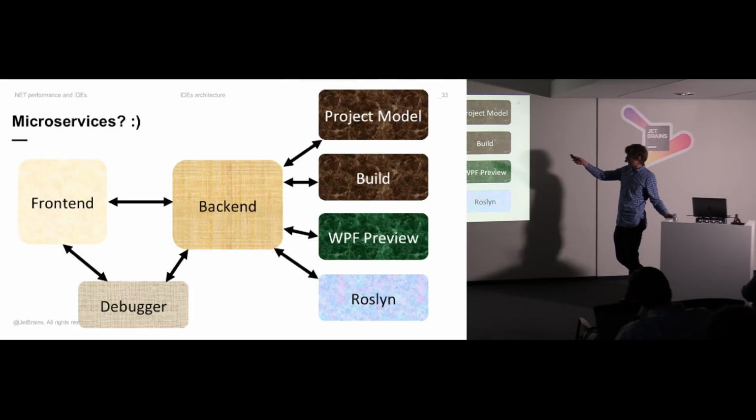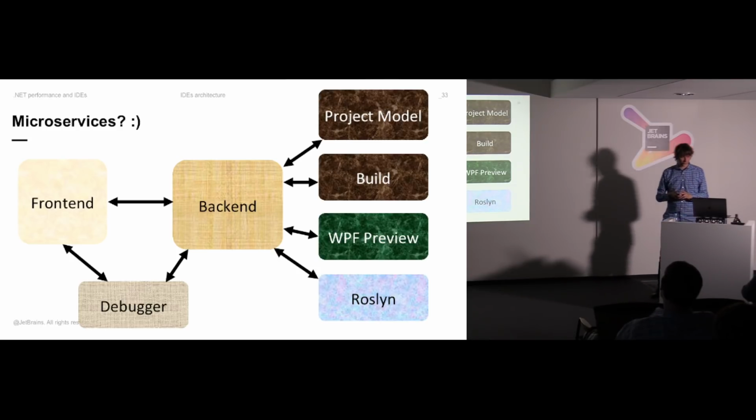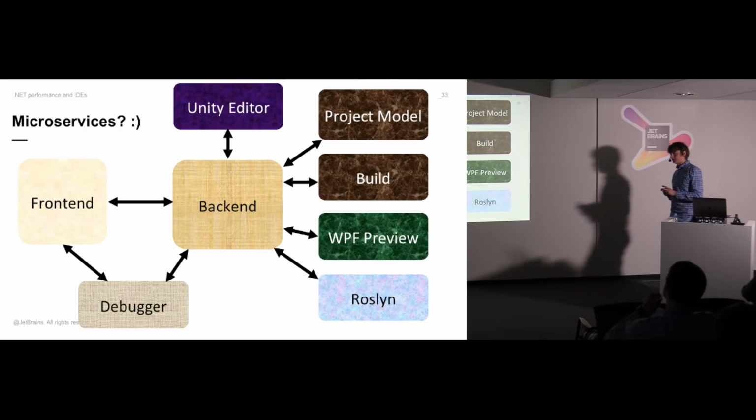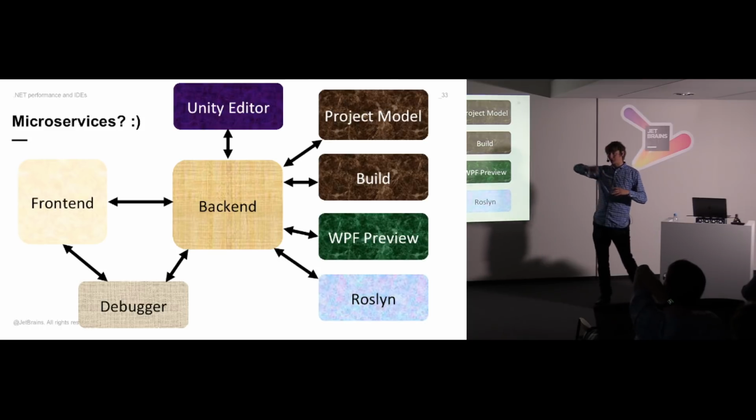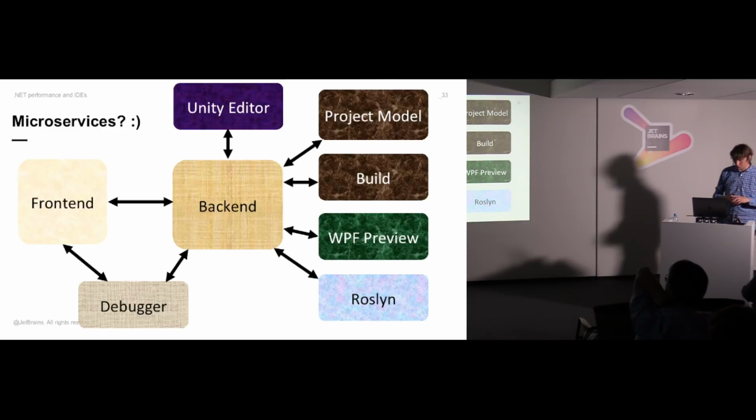And then all these results can be applied to the backend solution-wide analysis mechanism. Because of this, we got all this Roslyn inspection solution-wide, and Visual Studio cannot do this. And even more exciting stuff, with this protocol, we started to communicate with external tools.